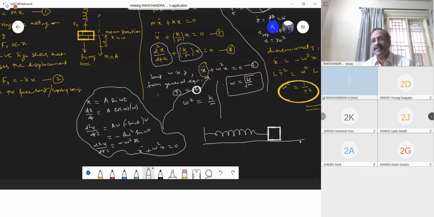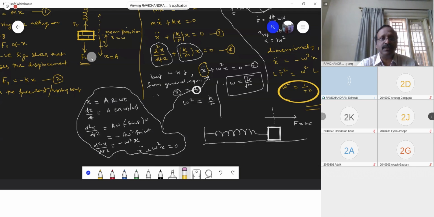A frictionless surface table on which the body is in motion. It goes like this. What is the force acting? F is not equal to mg here. F is equal to m into a. Is that right? But in this case, F is equal to mg because it is acting under gravity. So this x can be replaced with this one. There is no problem. For your sake, for the time being, I cancel this one.